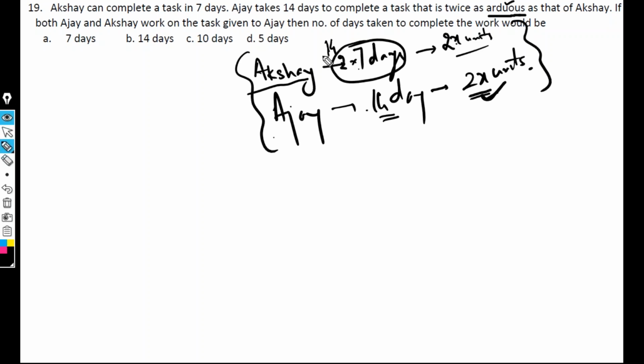If both are taking 14 days each to complete the task, then the time taken by them together will be 14 by 2, which is 7 days. Is it clear, everyone? Any doubt in this? Tell me.